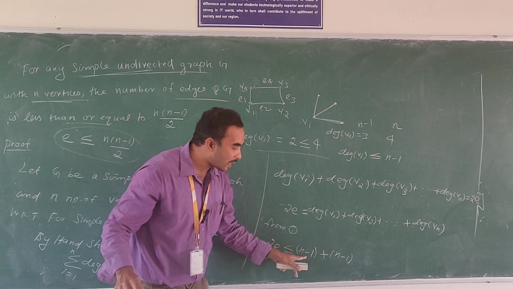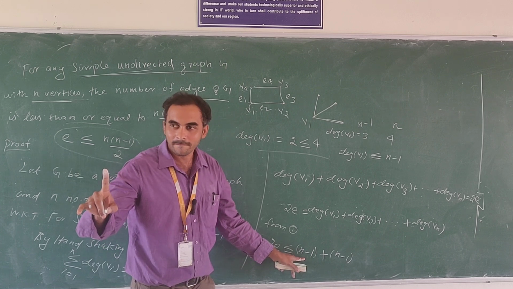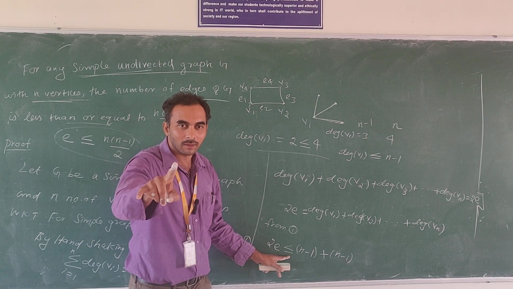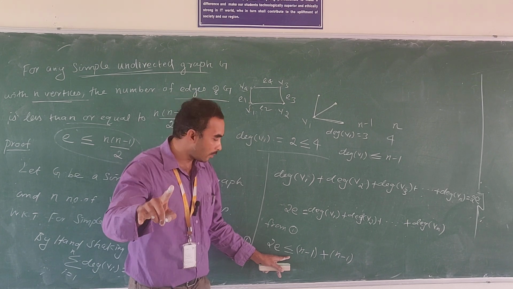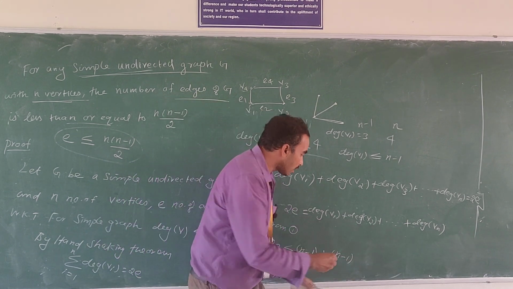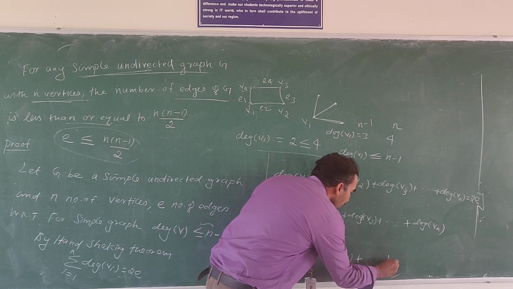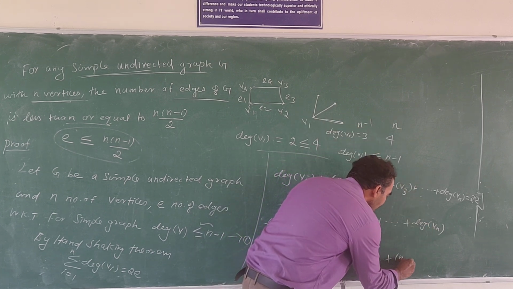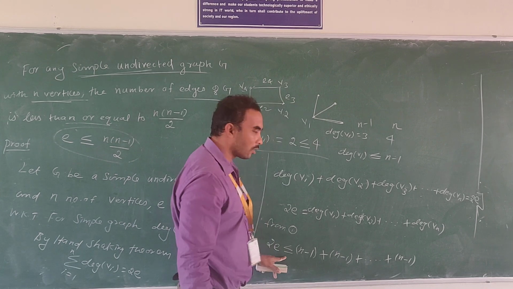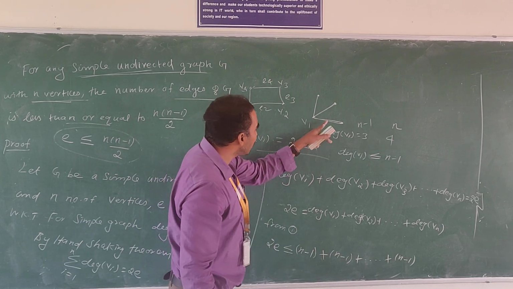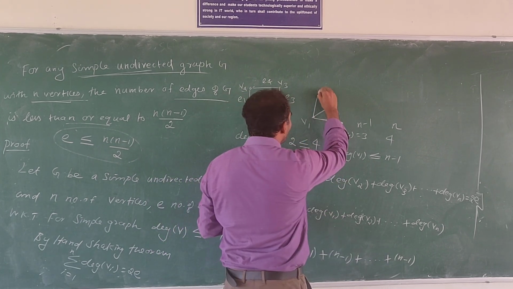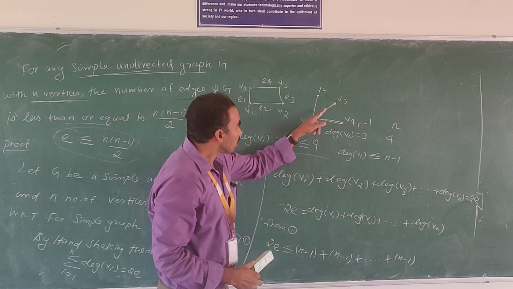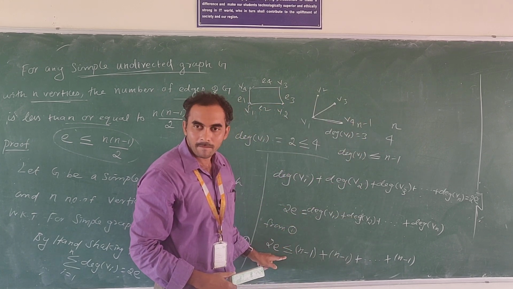Degree of V1 is not equal to n minus 1, but less than or equal to n minus 1. Next, plus etc. Degree of Vn is also less than or equal to n minus 1. If you take any vertex, say V1, V2, V3, V4, this condition will be satisfied.